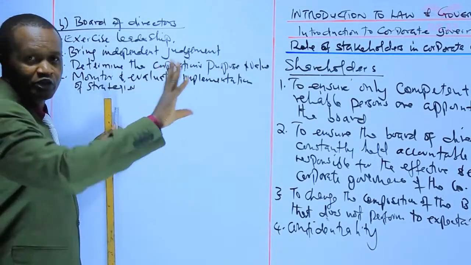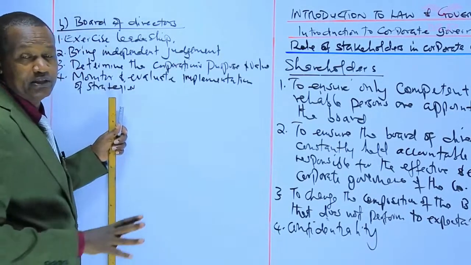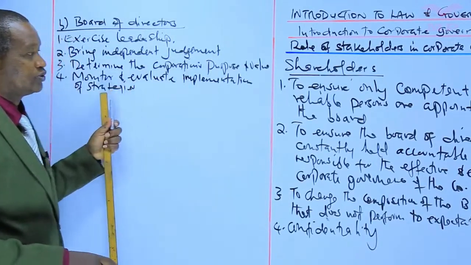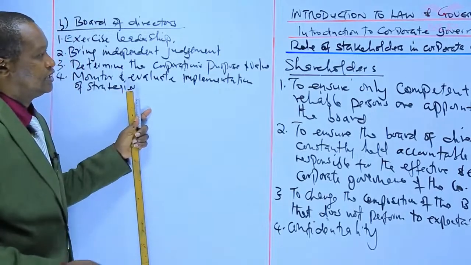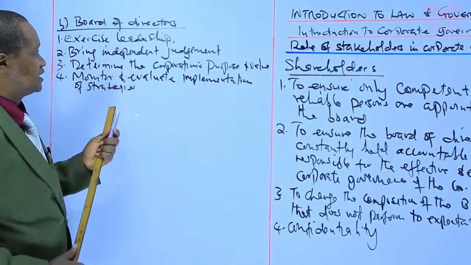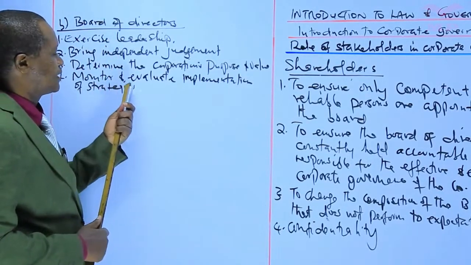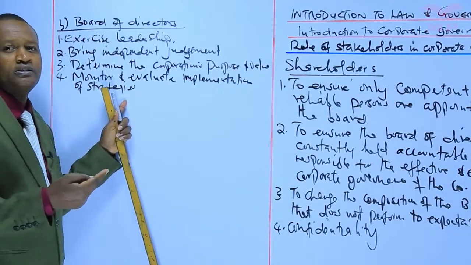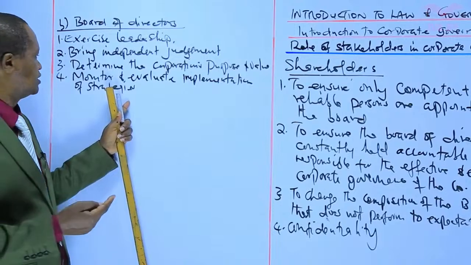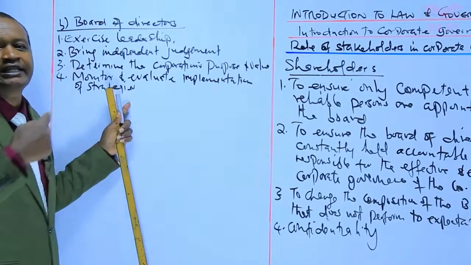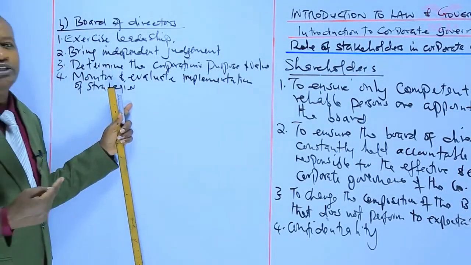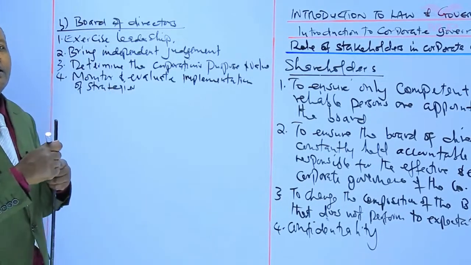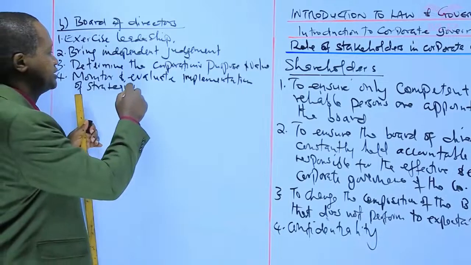So they come up with a vision of the company, where the company ought to be. They come up with strategies, but the implementation is carried out by the management. And therefore, the board of directors has a role to monitor and evaluate the implementation of strategies, the implementation of policies, and management performance.